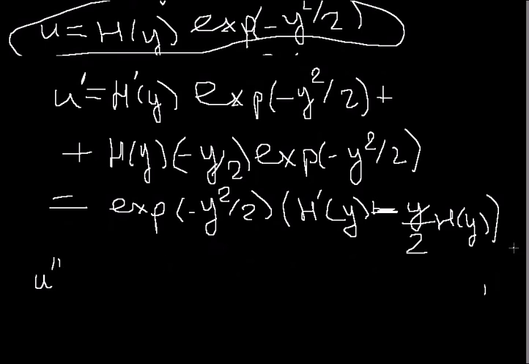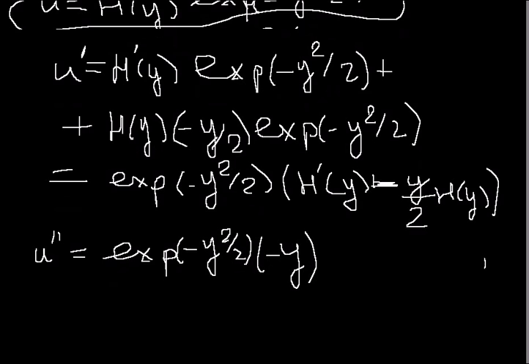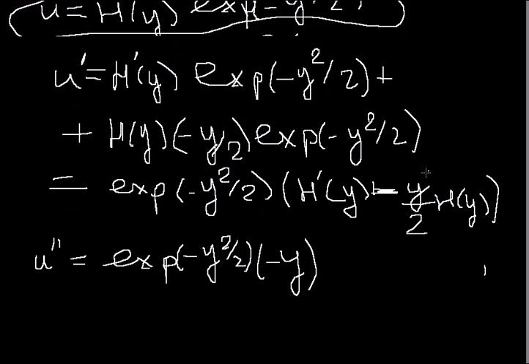and let's find the second derivative, and the second derivative can be found with the same rule. We'll find the derivative from the exponent at the beginning, as there are two terms: exponent minus y squared divided by 2, minus y. Oh, excuse me, I have done some mistake here.